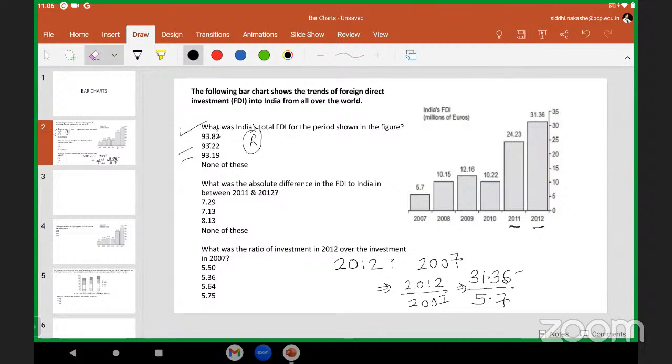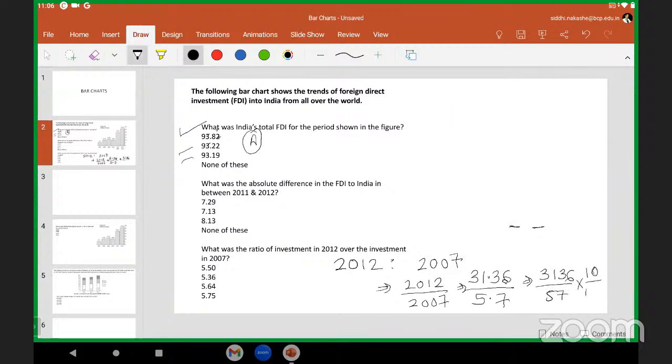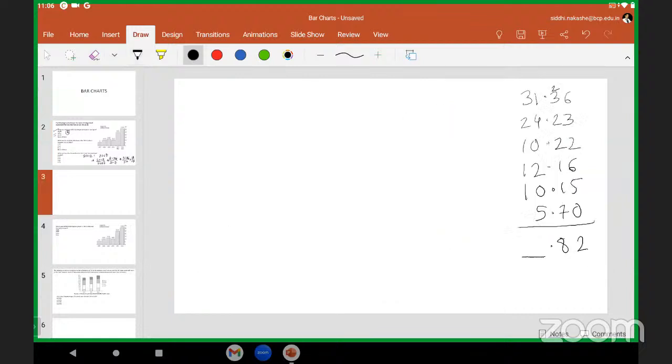So let's calculate this value. That is 3136 upon 57 into 10 upon 100. That means 3136 divided by 57. So we get the answer.